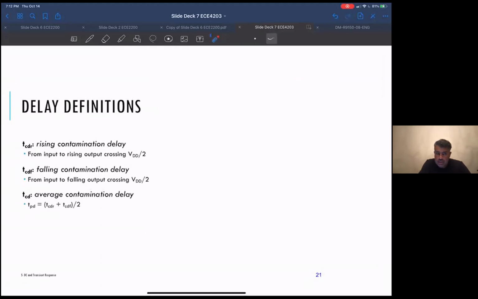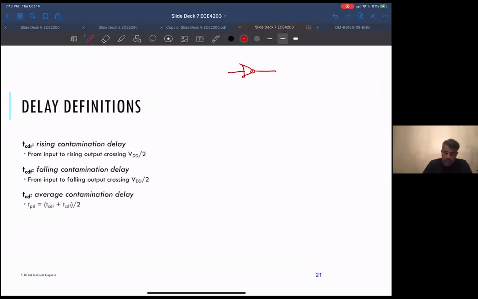The difference is that, in an inverter, they're the same, right? There's no difference between prop delay and contamination delay.